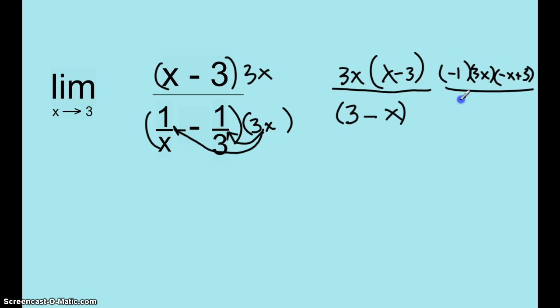And that certainly now does look a lot like 3 minus x. We can cancel those out because they're the same thing. I just don't have them in the same order, but they're the same thing. So now we're really just looking at the limit as x approaches 3 of negative 3x. Looks like to me that the limit is negative 9. And it is negative 9.